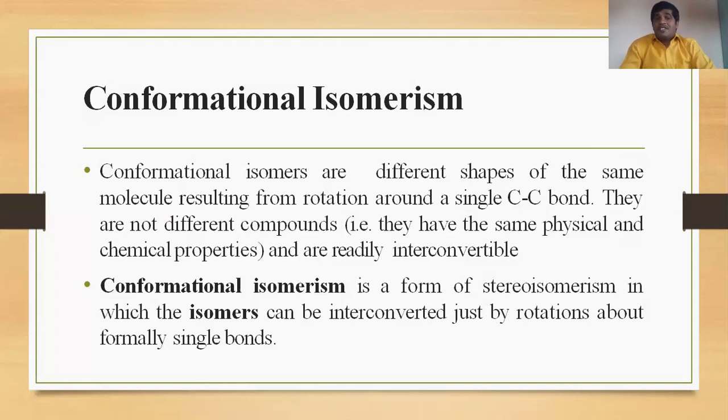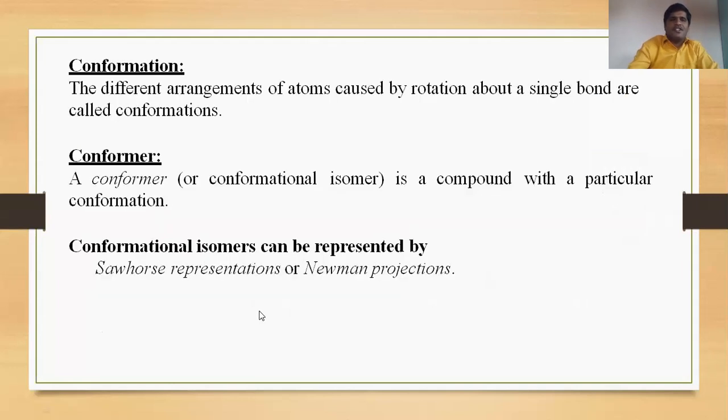That is also called conformational isomerism. Same point is given here regarding the definition. Conformation is the different arrangement of atoms caused by rotation about the single bond. And a conformer or conformational isomer is the compound which possesses the conformation.